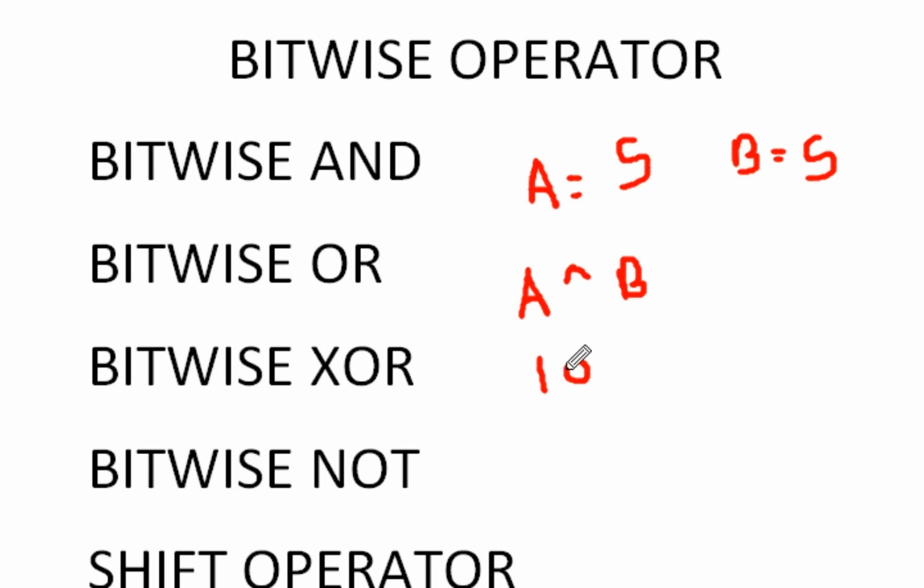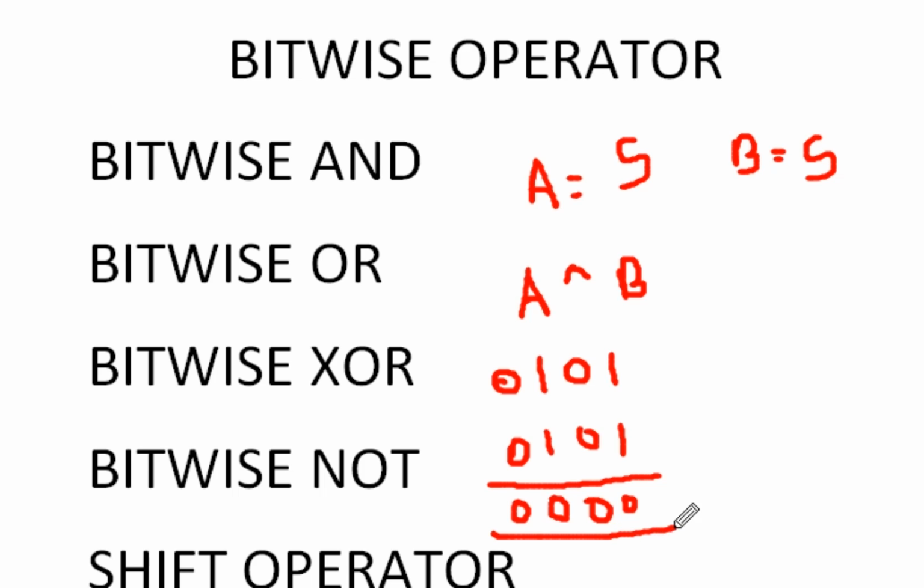The value will be 0 1 0 1 for both. We have seen that if both values are the same, then our result will be 0 in the XOR operation. So our result will be 0 overall. If we perform this in programming, we will get the value 0. And remember, in our output we will always find the value in decimal form, not in bit form. This is the XOR operation.